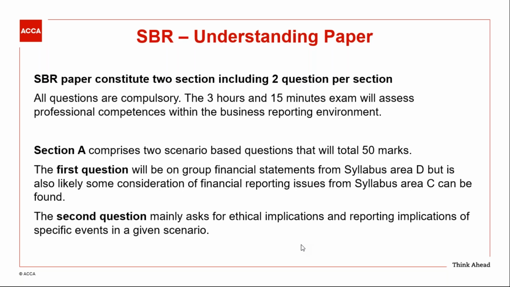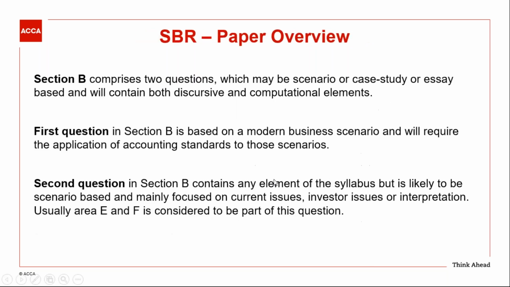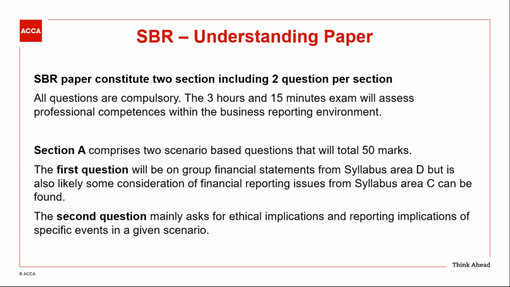We'll now look into the next section, section B, which also comprises 2 questions. I'll give you one more idea. In section A, you cannot guess how many marks are allocated to the first or second question.